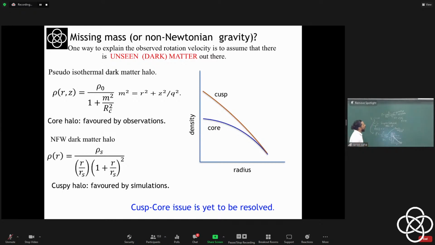All right. So this is very briefly about the dark matter halos in galaxies. So our galaxy in general is made up of, I will erase this.